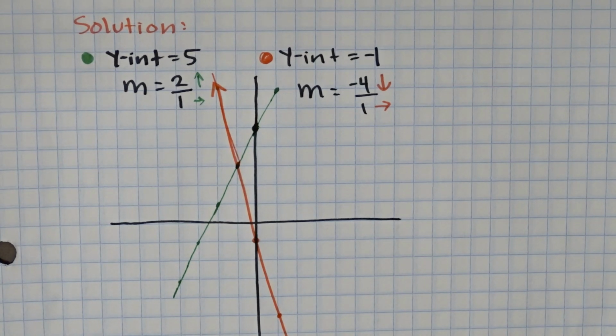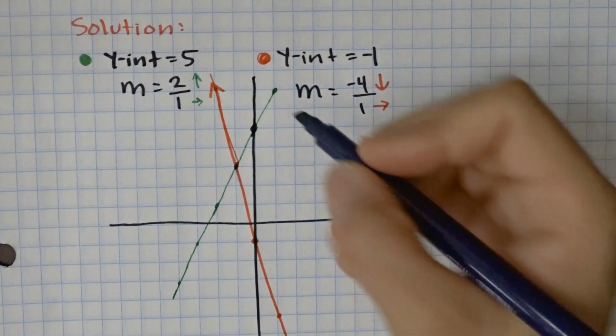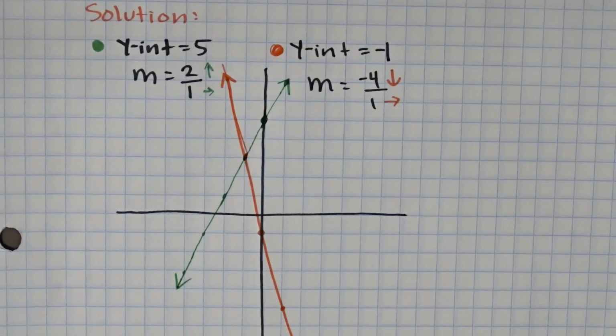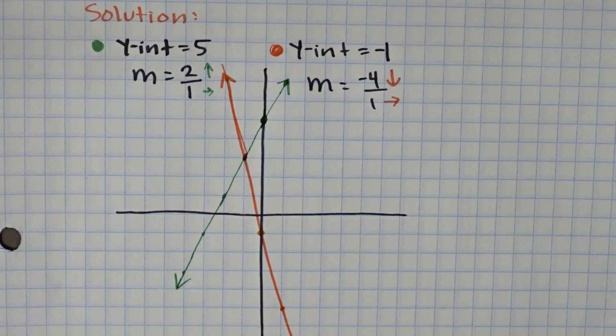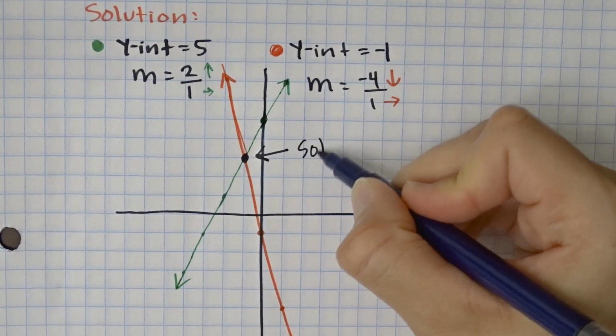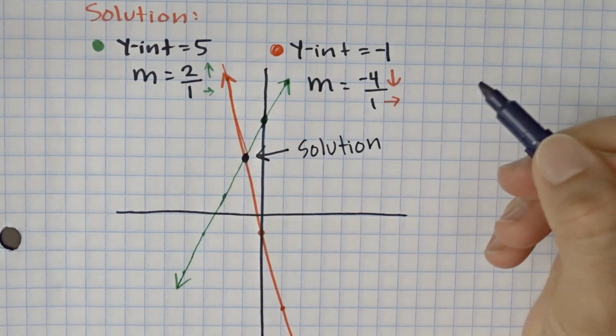All right. So now, if I'm asking you, where do these two lines intersect? The red and the green line. It looks like their intersection point is right here. That is the solution. Right?